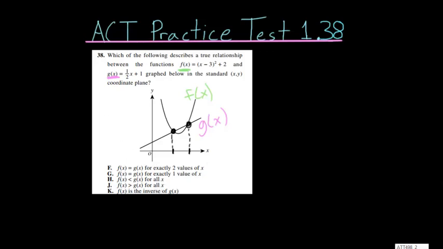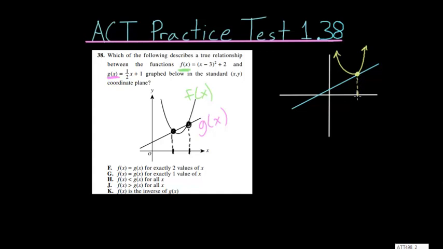So choice G. To get a visual of what that would look like, if we had two functions that were equal for only one value of x, let's say they're essentially the same functions that we're dealing with. Let's say this is g of x here, and this is f of x. For g of x and f of x to be equal at exactly one value of x, that just means that the two graphs touch at just one value.